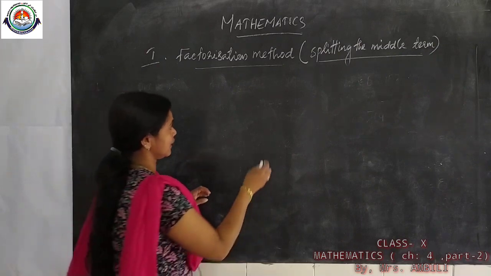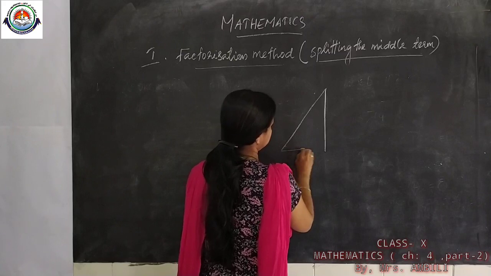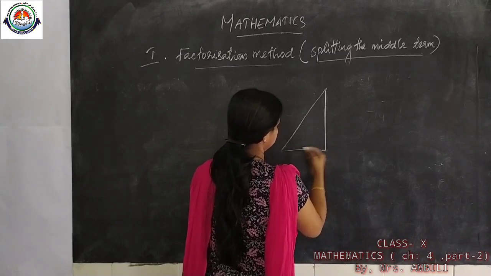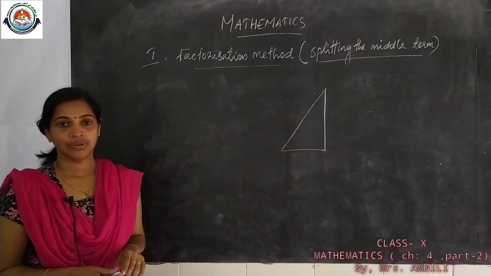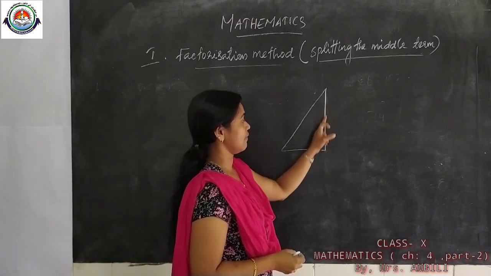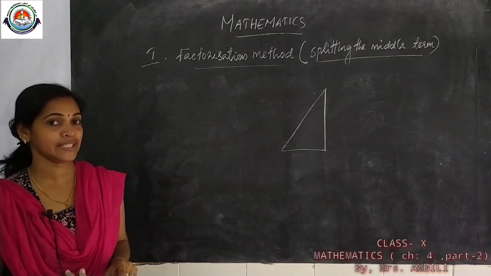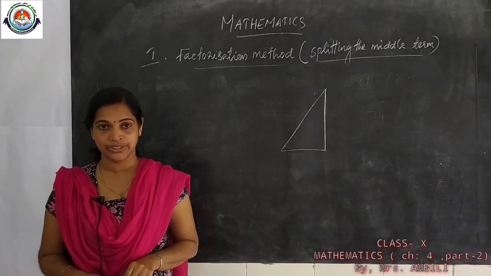So, in a right angle triangle, what is given? Altitude is 7 centimeter less than its base. So, first we need to consider base as x centimeter.